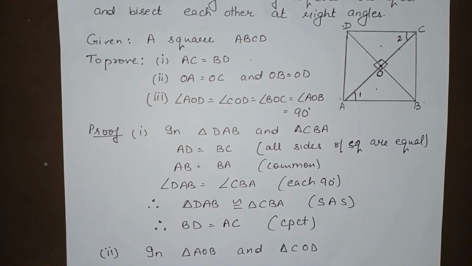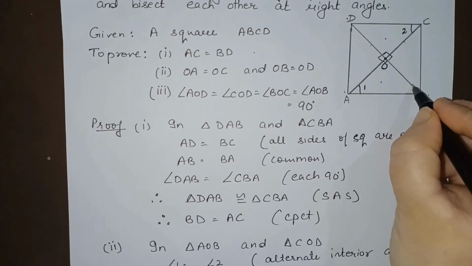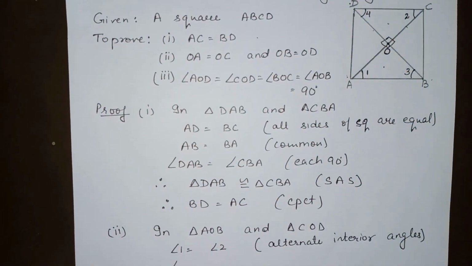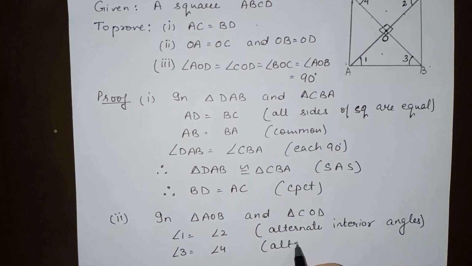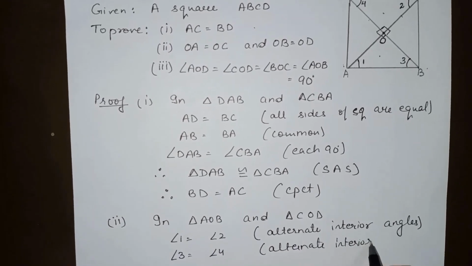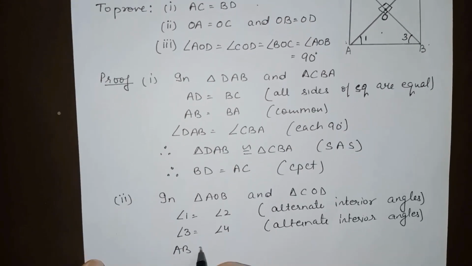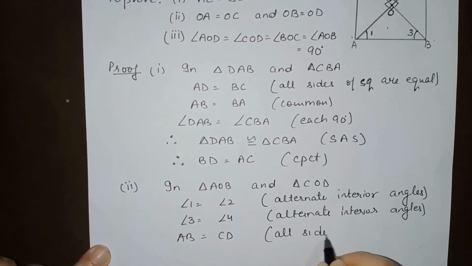They will be alternate interior angles. And similarly, angle 3 is equal to angle 4. They are also alternate interior angles. And now AB is equal to CD. The reason is all sides of a square are equal.